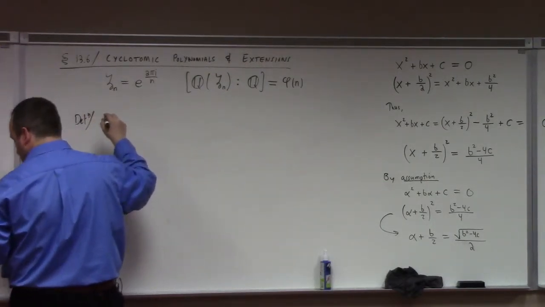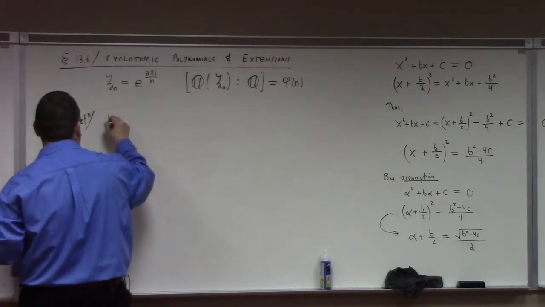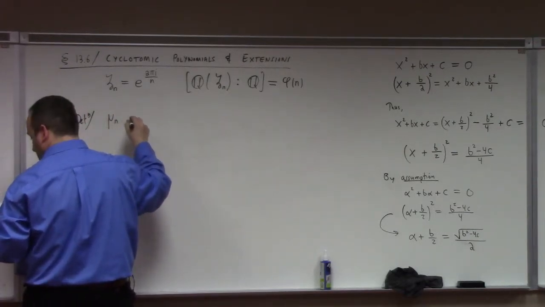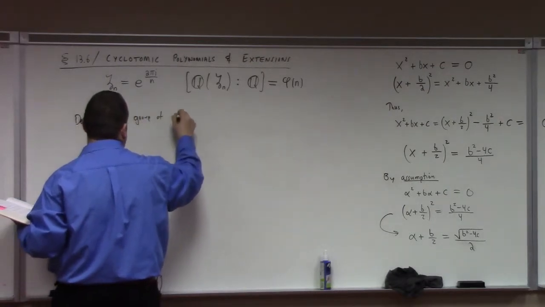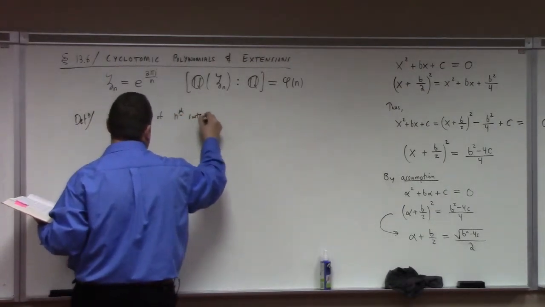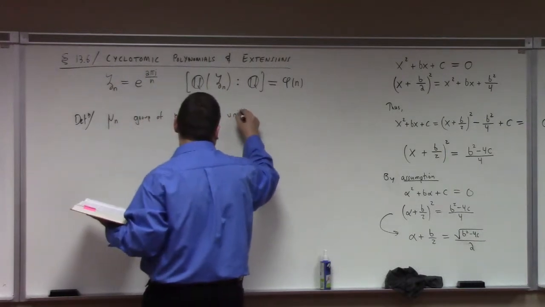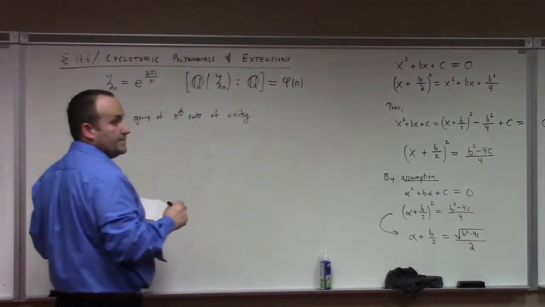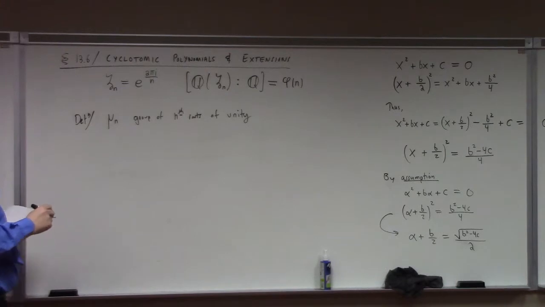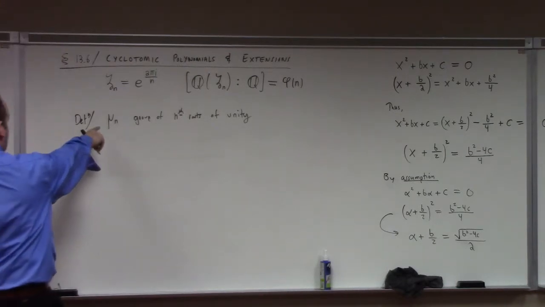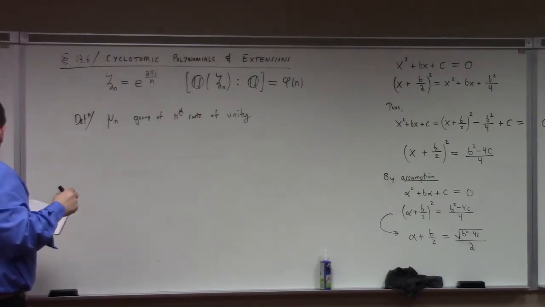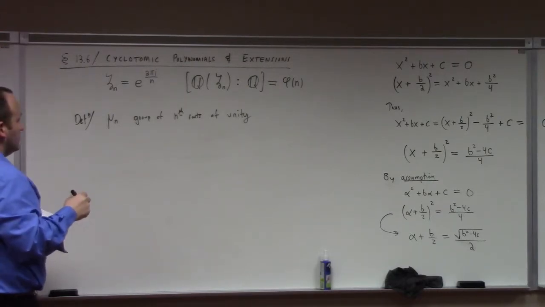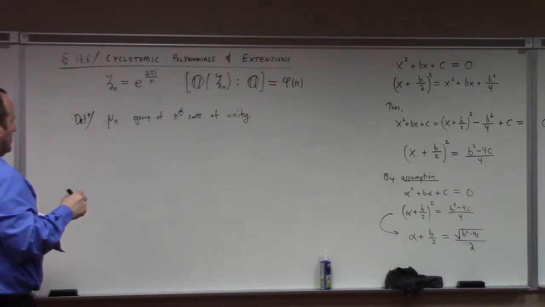Definition, he wants mu n to be the group of nth roots of unity. What's that? What's the first one? Mu? Capital mu. Doesn't mu have a look?